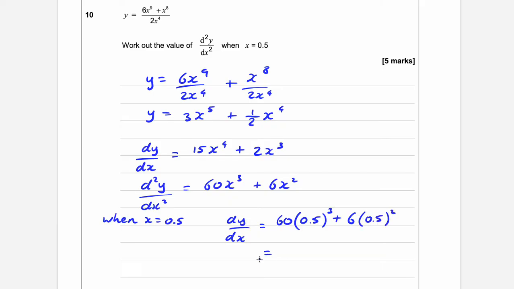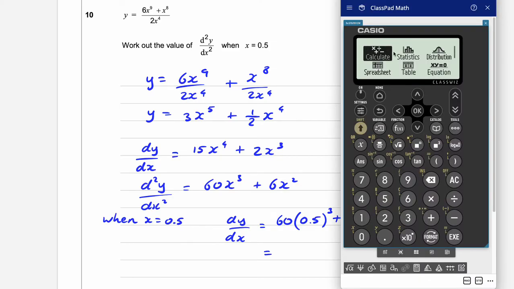Now, guys, you could do that without a calculator, but seeing as we have a calculator, let's just use the calculator. So it's 60 times 0.5 cubed plus 6 times 0.5 squared. And the answer is 9.